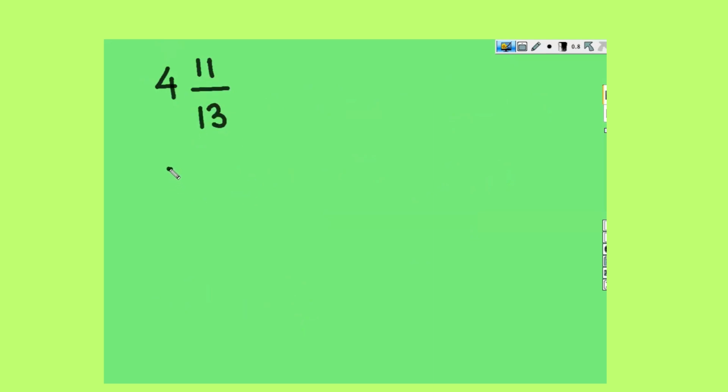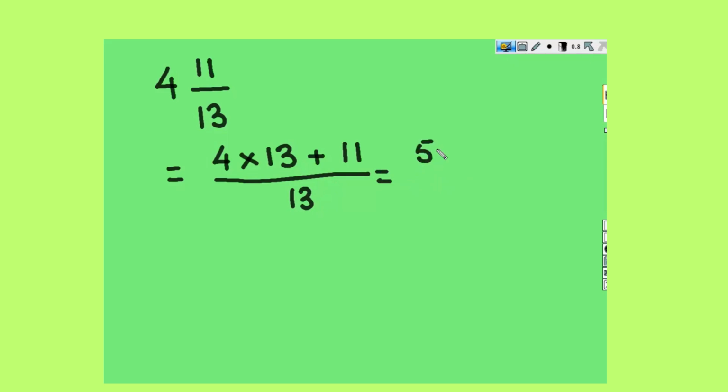As we saw in the last example, we multiply the whole number with the denominator and add the numerator, whole divided by the denominator. 4 thirteens are 52 plus 11 divided by 13. So this becomes 63 by 13.